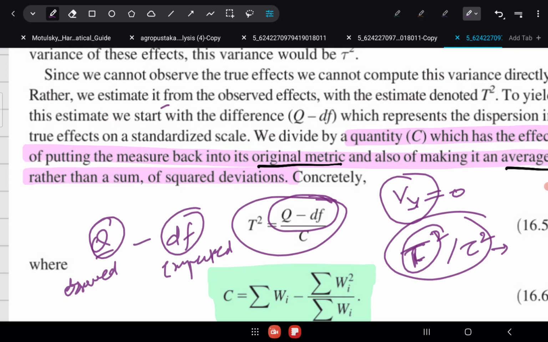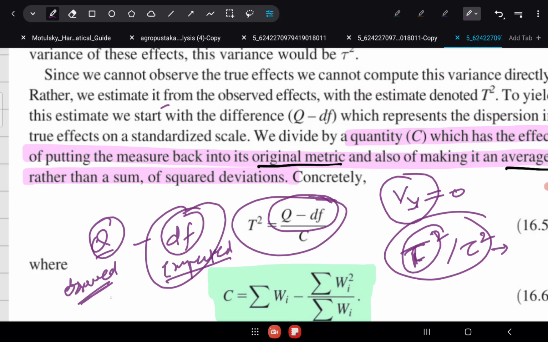So we initially ask ourselves what would be the expected dispersion if there was only random error happening and there was no true variation in effect size. That would be the degrees of freedom, right? And then we ask ourselves, what is the actual observed amount of dispersion? If the observed amount of dispersion is more than the expected amount, it simply means that this excess dispersion is probably because there is some real variation in the effect size.